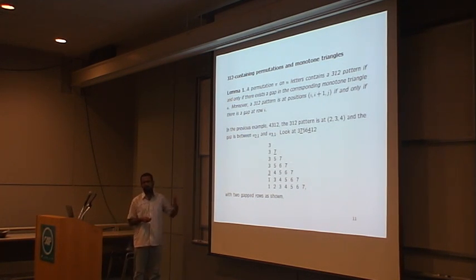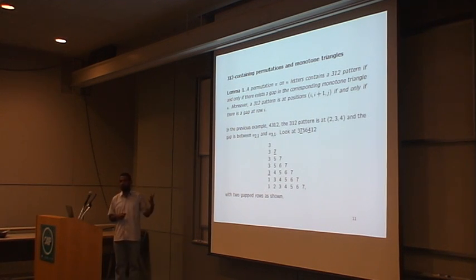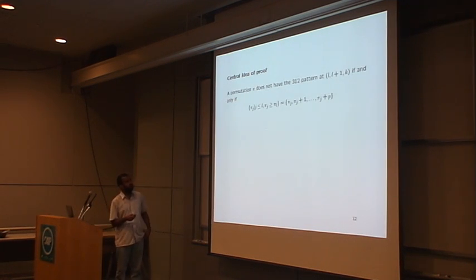Okay, so there's a natural structure on monotone triangles which corresponds to 312 avoidance for permutations. I don't have time to go through the proof, although it's not too hard. The main idea is that I look at the prefix up to, let's say, l.